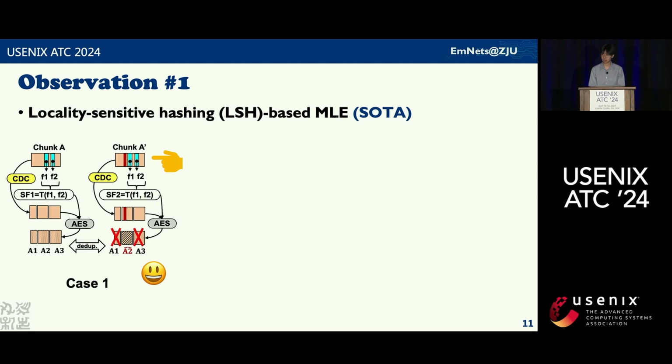Then it utilizes content-defined chunking, namely CDC, to break up the chunk into variable-sized subchunks to avoid insertion, deletion and other boundary shift issues. So after the AES encryption, subchunks A1 and A3 can be deduplicated.